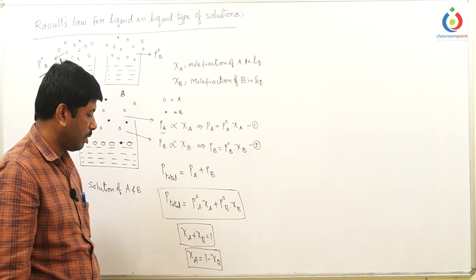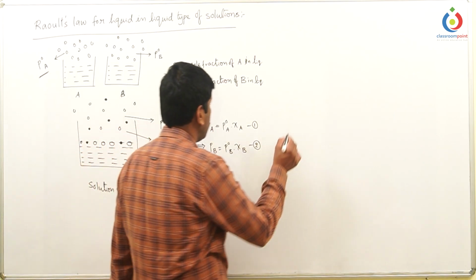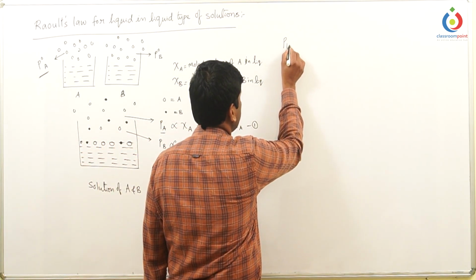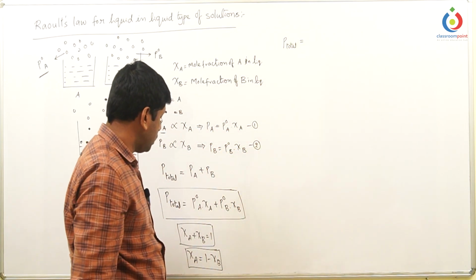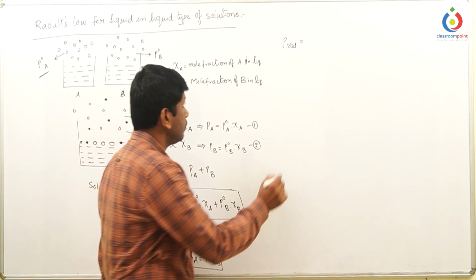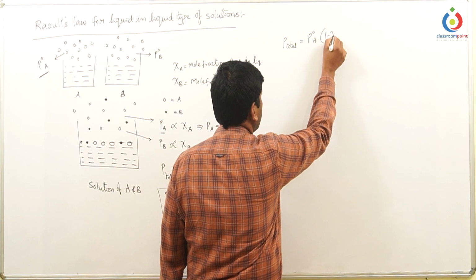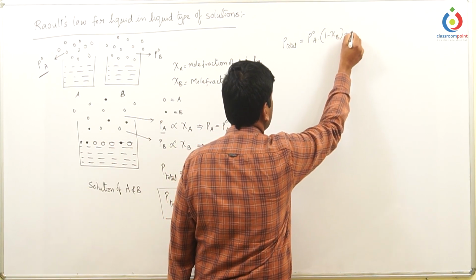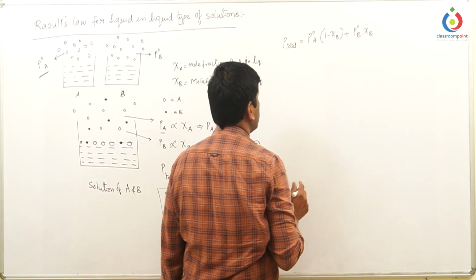I am taking XA equals 1 minus XB. So the total vapor pressure of the solution is equal to P naught A into 1 minus XB plus P naught B into XB.